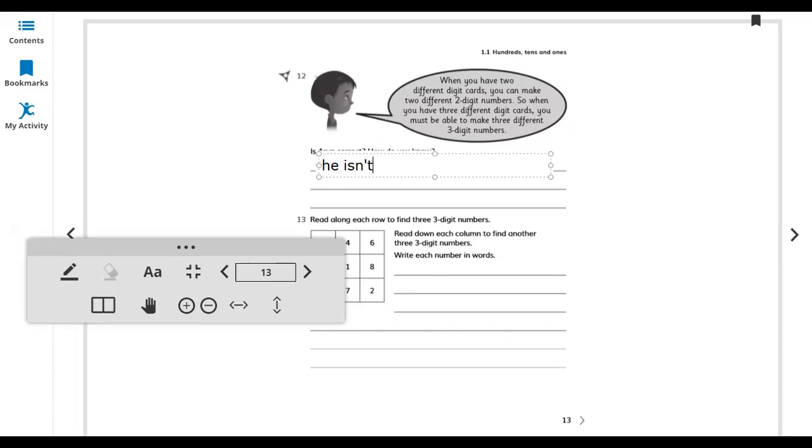Why? First of all, if we have two cards, for example 1 and 2, we can make two-digit numbers, 12 and 21.